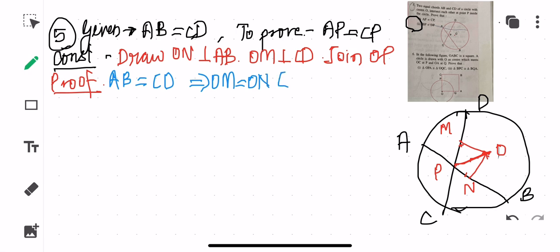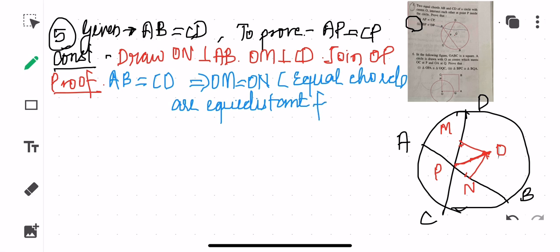The theorem is equal chords are equidistant from the center. Okay, if you remember, this is equal chords are equidistant from center. Okay, so this is the theorem. So OM is equal to ON is what you are getting.